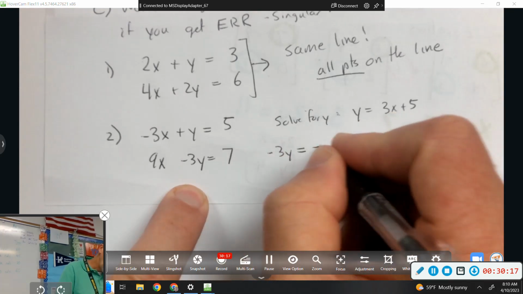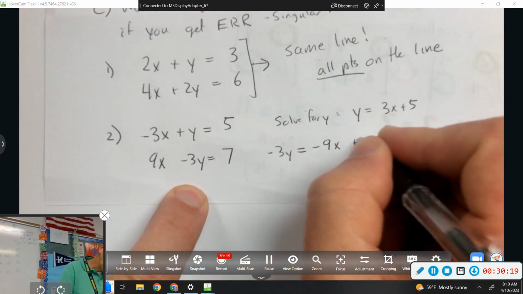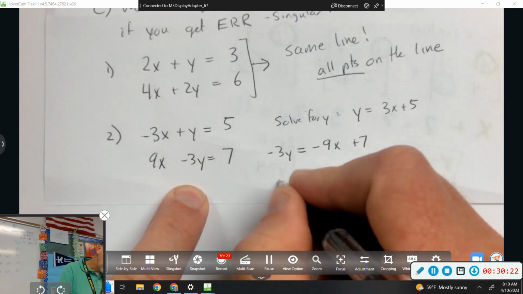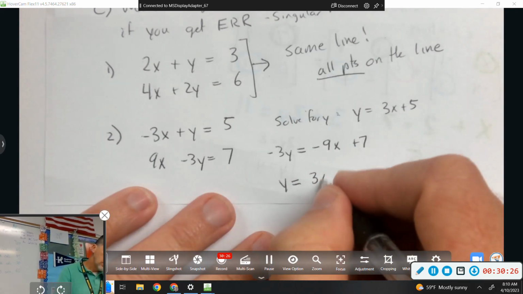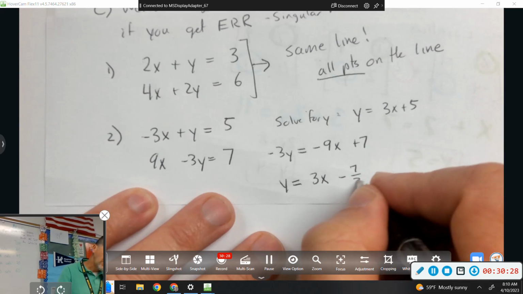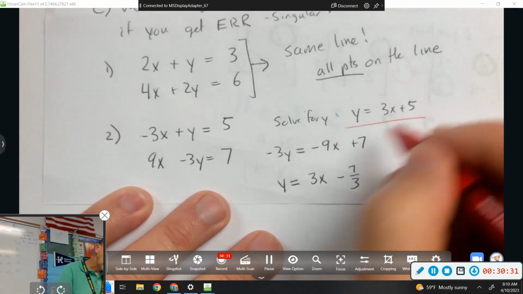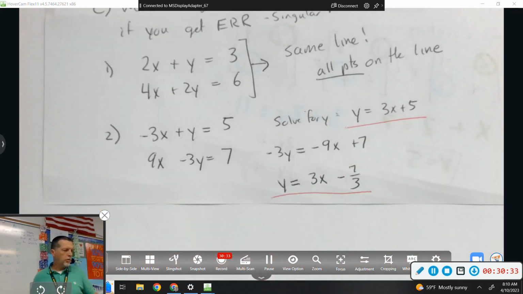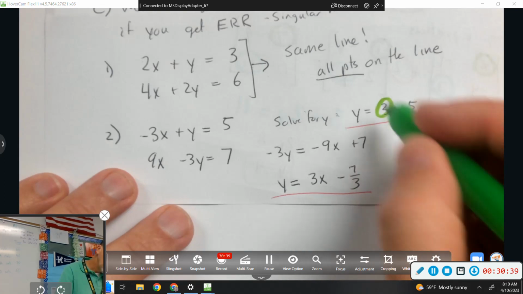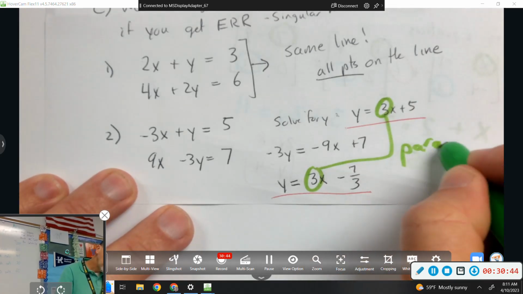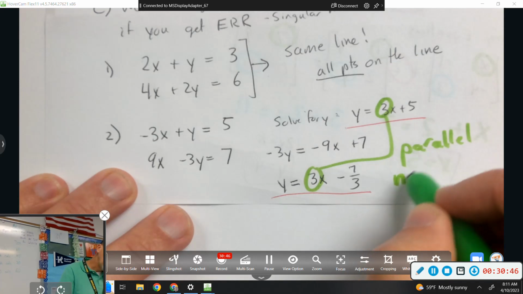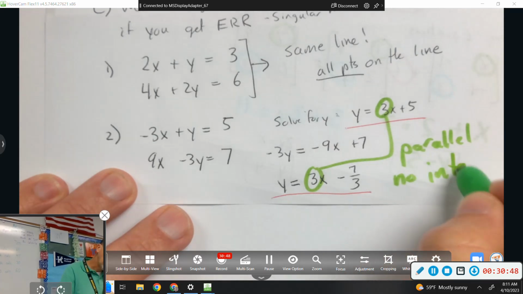Negative 3y equals negative 9x plus 7. And then if we divide everybody by negative 3, we get y equals 3x minus 7/3. And what would you say about those two lines? Same slope. They're the same slope. So they're parallel. And that means they don't have any intersections.